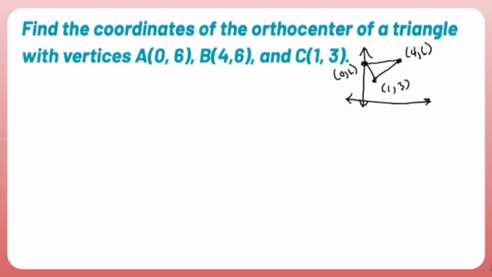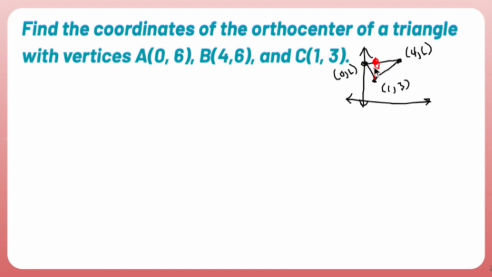When you're finding out where lines intersect, you're solving a system of equations. We only need 2 lines. We only need 2 altitudes. So I'm going to make life easy and only find 2 equations of my altitudes. Now let's start with the easy one, which is going to be that guy right there. Remember, my altitude is a line that goes through a vertex and is perpendicular to the side that's opposite of that vertex.